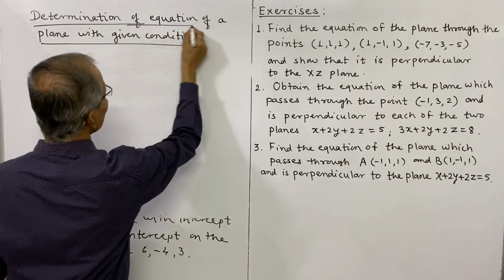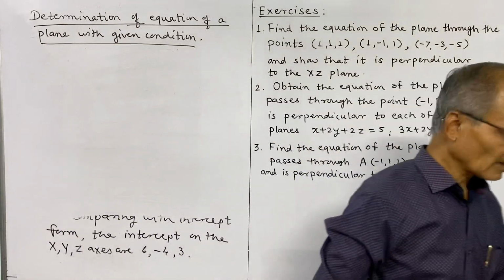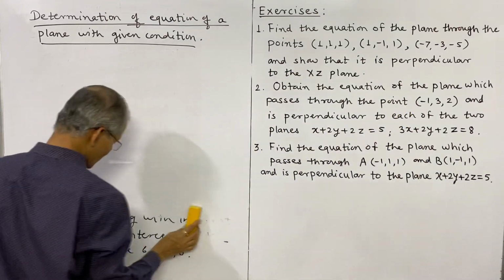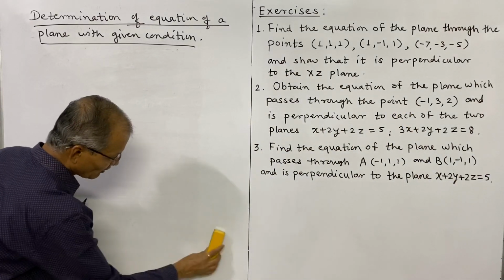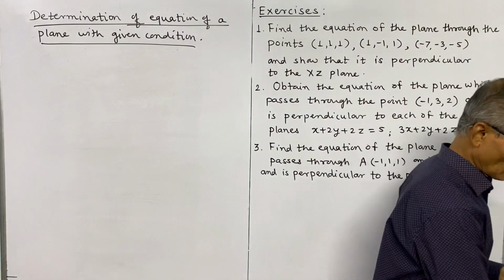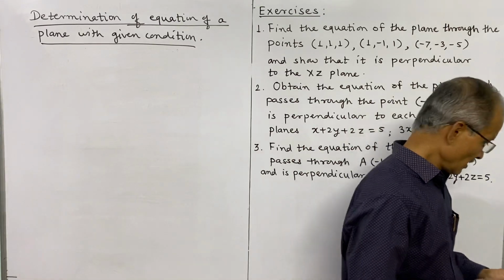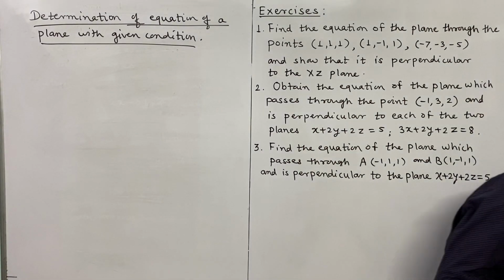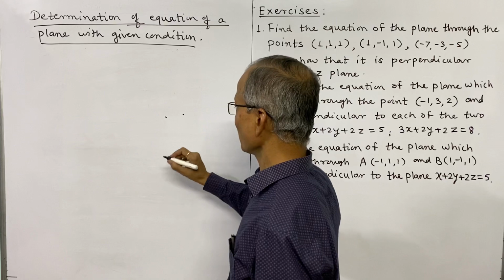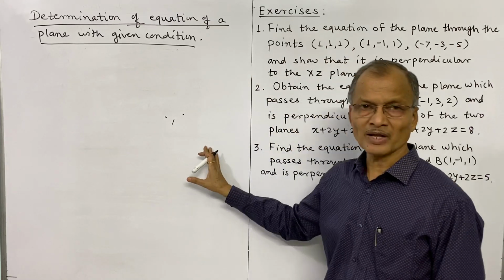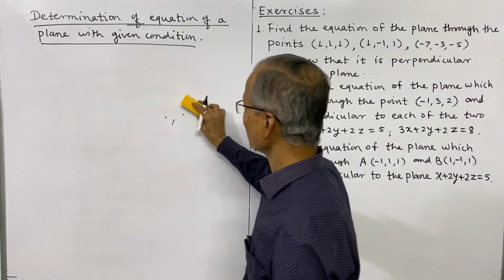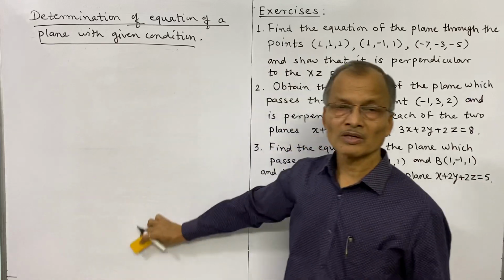Now see, for this we require at least 3 points to fix a plane, or in general 3 conditions will be required to determine a plane or equation of a plane, and the 3 conditions may be 3 points or 1 point, 2 points, and then one more condition, that the plane is perpendicular to the given plane or the line, or 1 point and the plane is perpendicular to the given 2 planes.